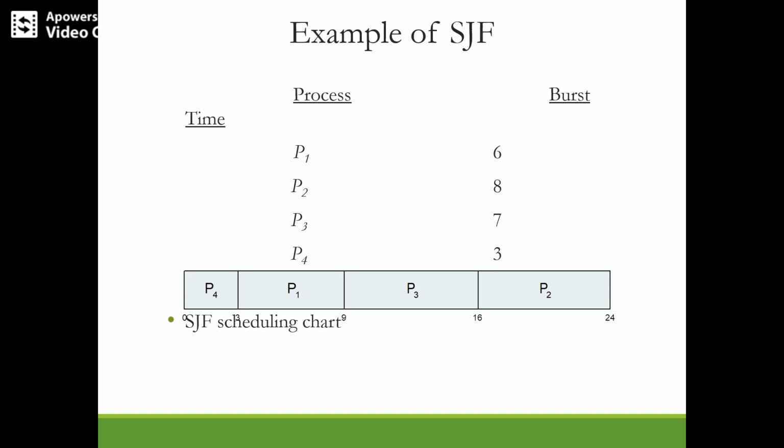So P1 is arriving at 3 milliseconds and it will execute for 6 milliseconds. That is the next process which is having the shortest CPU burst time. So which is the next process having the shortest CPU burst time? We have got process P3, right? Process P3 is having the next shortest CPU burst time.